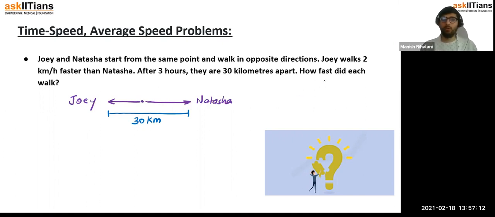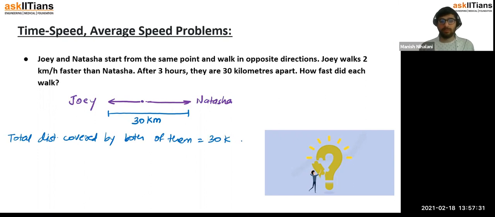Basically we can say that the total distance covered by both of them, Joey and Natasha, is 30 kilometers in 3 hours.